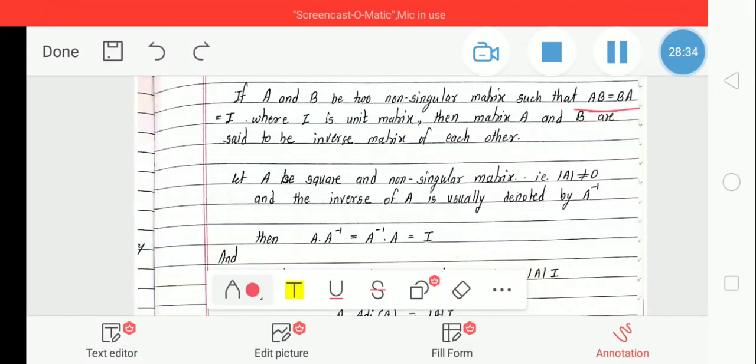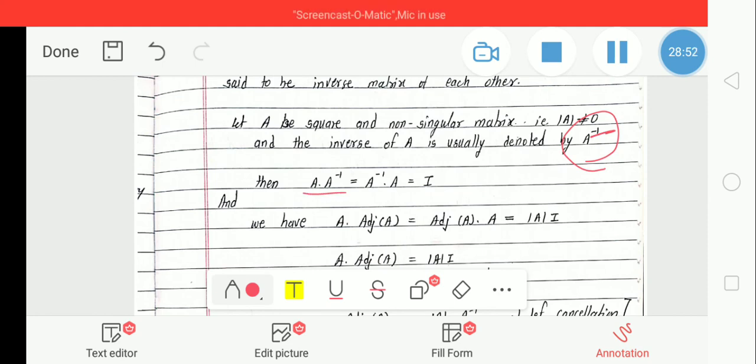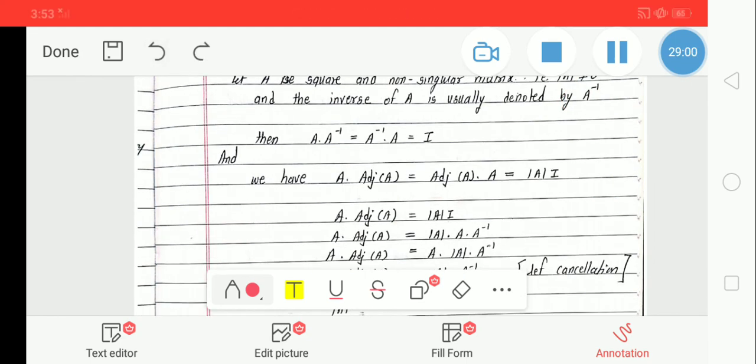So A is non-singular, meaning mod of A is not equal to 0, and the inverse of A is usually denoted by A inverse. The inverse is always denoted as A inverse. Then A times A inverse equals A inverse times A equals identity. You know that.